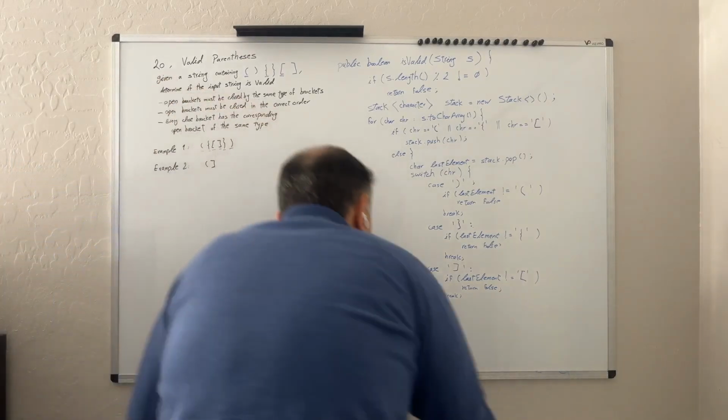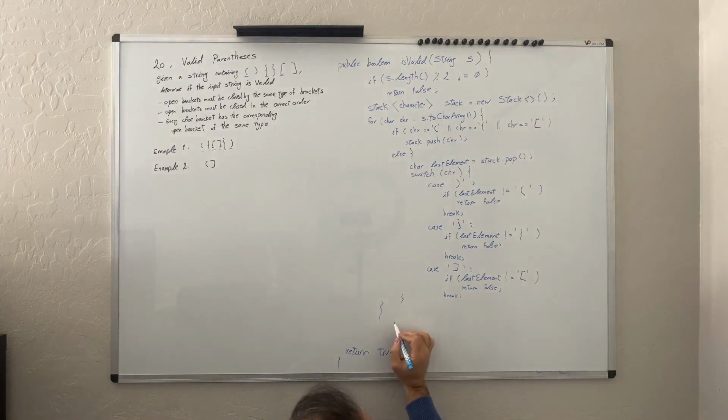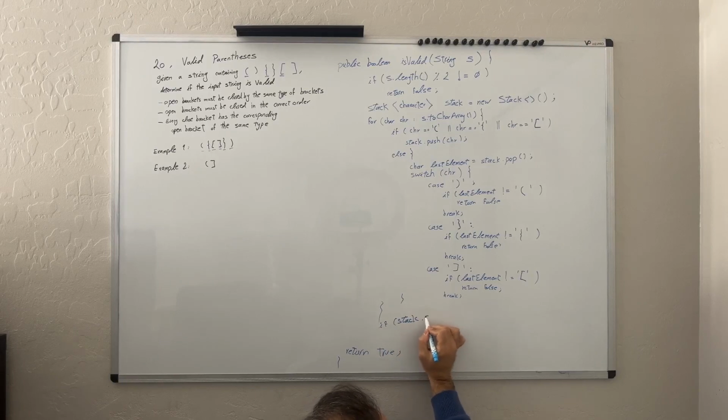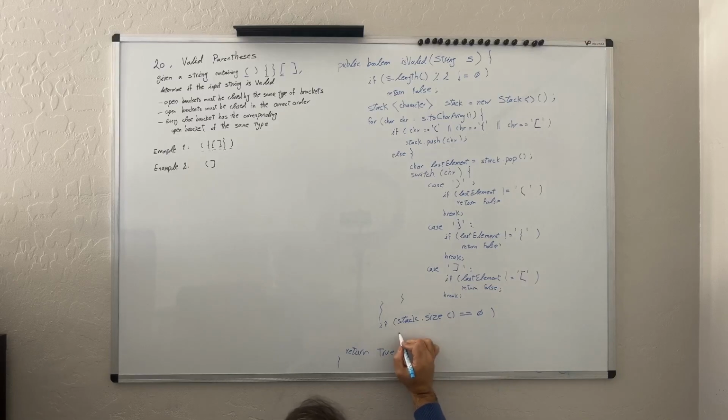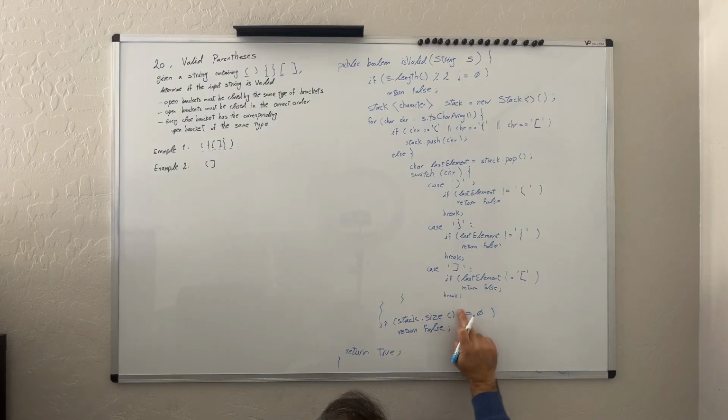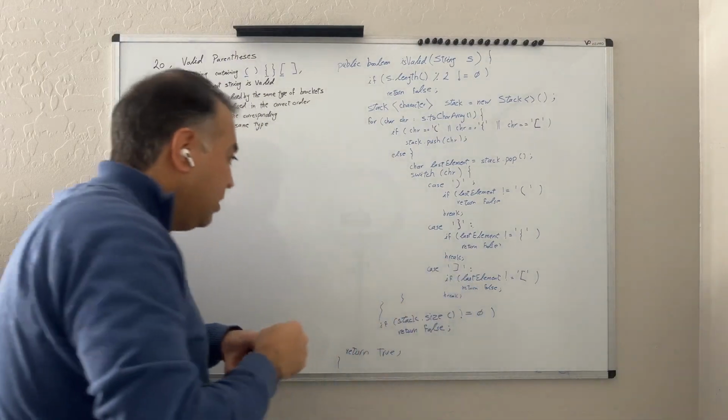So I need to check here, before returning true, if stack dot size equals 0. At the end, the stack should be empty. If the stack is not empty, we should return false.